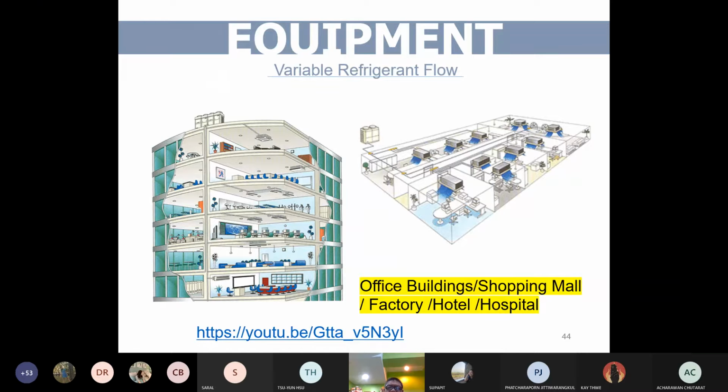But myself, I saw a few projects which were 1,000 tons, 2,000 tons in hospitals a few years ago. But it was divided in zoning, so it's a little bit different from the water cool chillers. Okay.